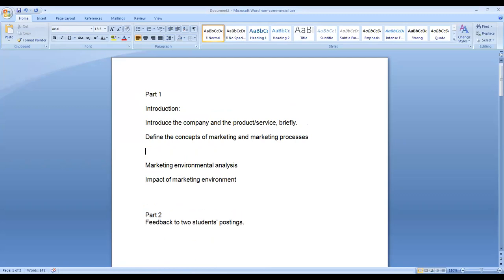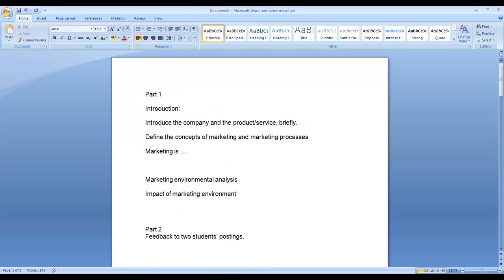Define the concepts of marketing and marketing processes. Please refer to what marketing is. Make sure that you define it. You may want to start, marketing is what, okay? So please look at the American Marketing Association's website to understand the definition of marketing. You must have the definition, okay? And marketing process, the term process actually includes steps, so you need to explain what the steps are.